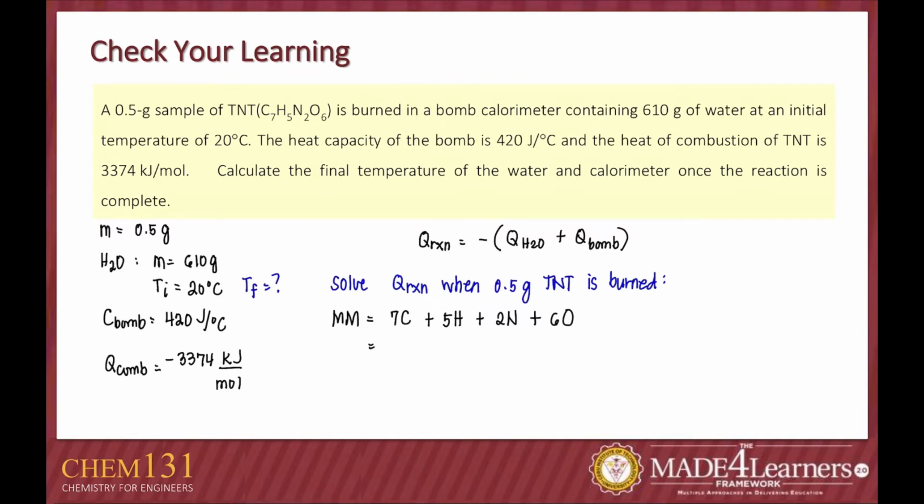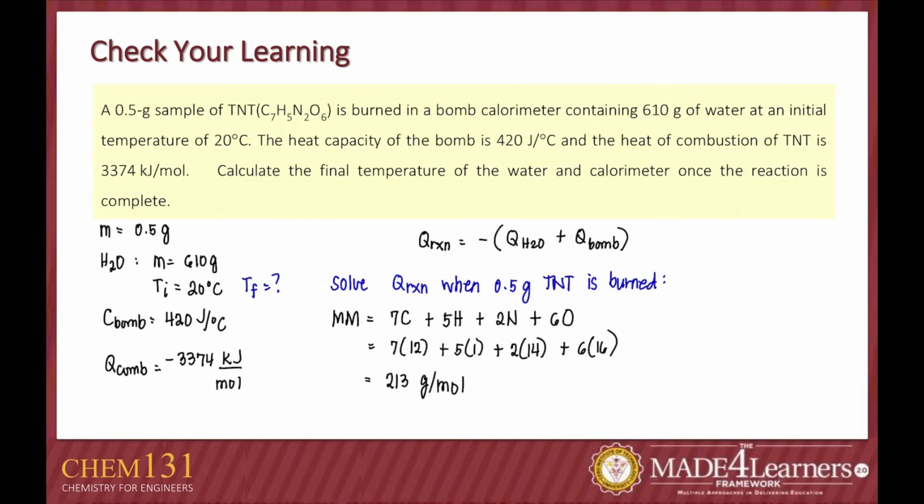So the atomic mass of carbon is 12 plus 5 times 1 plus 2 times 14 plus 6 times 16. Okay, can you please compute that? 7 times 12 plus 5 plus 28 plus 6 times 16. And that is equal to 213, that's grams per mole. Okay, so that's 213 grams per mole.